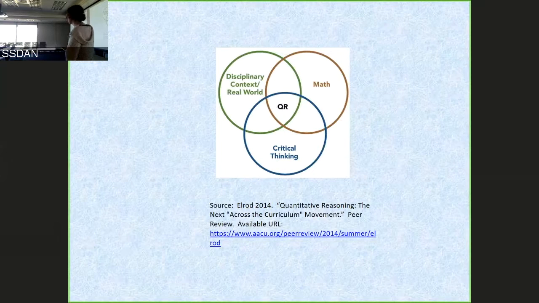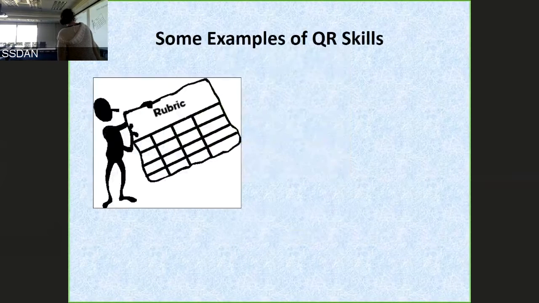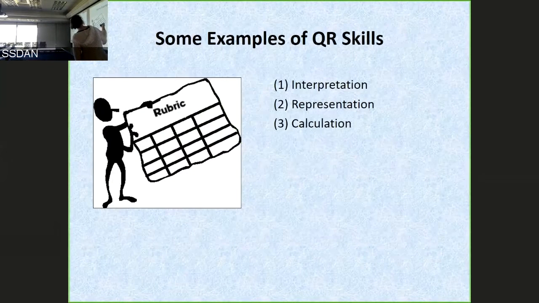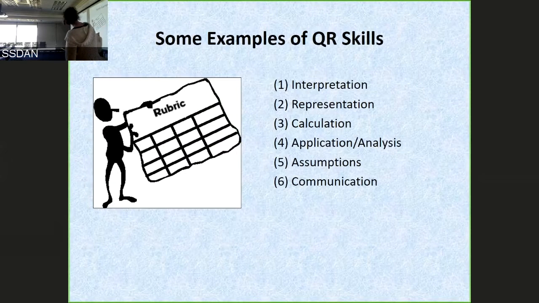I like this diagram. This is also from the Association of American Colleges and Universities, from an article in their journal, Peer Review. These are examples of quantitative reasoning skills put forward in the AAC&U rubric that I told you about, and I had the handout.